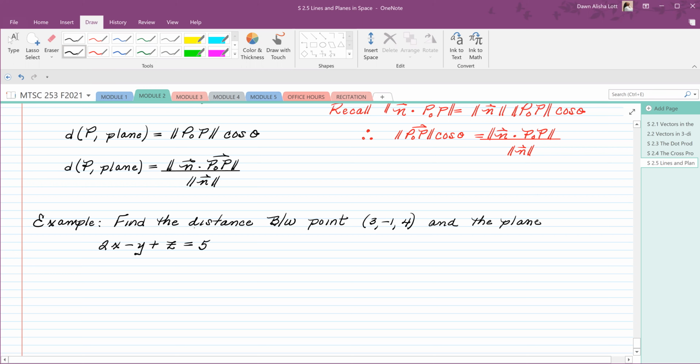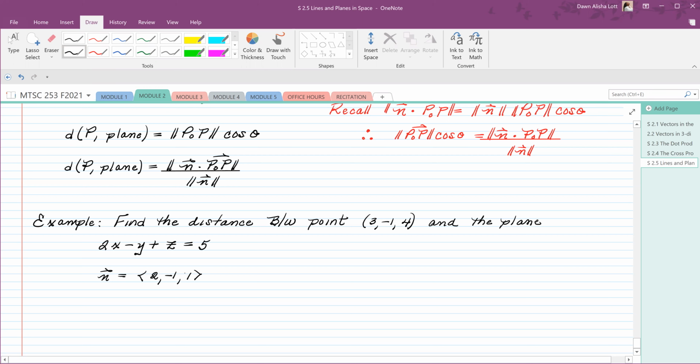Okay, so we need another point on the plane and we need the normal vector to the plane. So the normal vector to the plane is (2, -1, 1). So that's the normal vector to the plane.